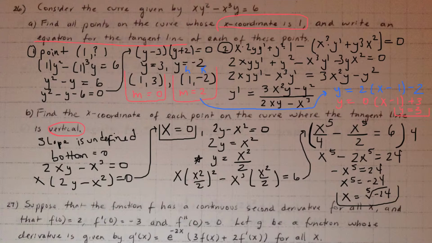What if I plug it into the original? Then I'll get that, let's see, that'll be 0 minus 0, because those y's are going to multiply as 0. So then for that, I just get that 0 is equal to 6, but that's not true. So what that means is that the slope wants to be undefined.